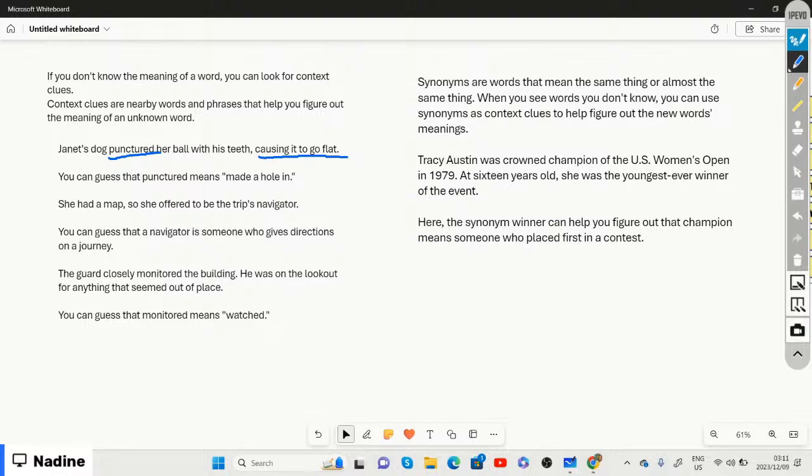If somebody says guard closely, then it means to watch, so we guess that monitored means watching.